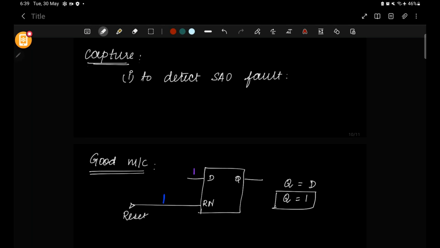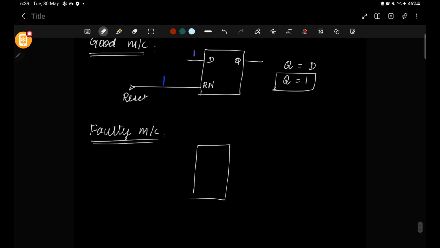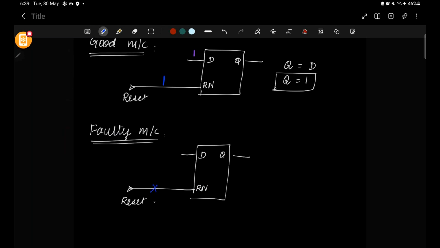This is the good machine. Now the faulty machine: the tool would have induced a stuck at 0 fault.